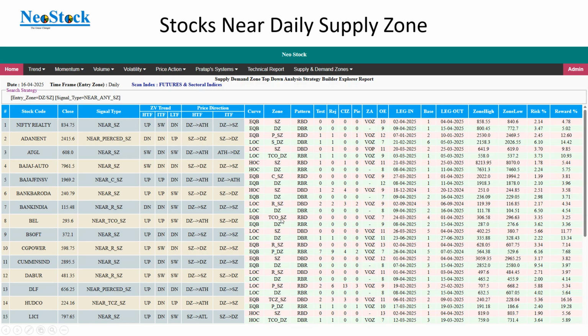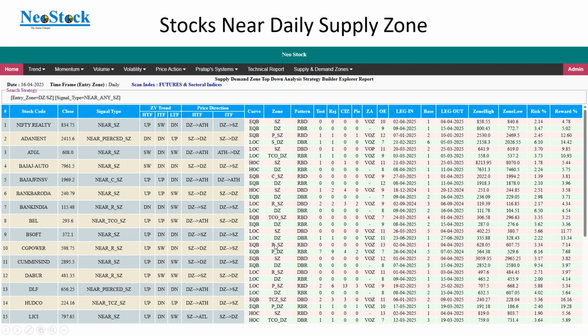BEL is having a high liquidity zone, but it is a low priority high liquidity zone, so you can't get 80% success. You can use them as low priority, but you can't get 80% success. That's why we are ignoring them. I thought this is a TCP. It's actually TCO. Okay, so far we got only one, Bajaj Finserv.